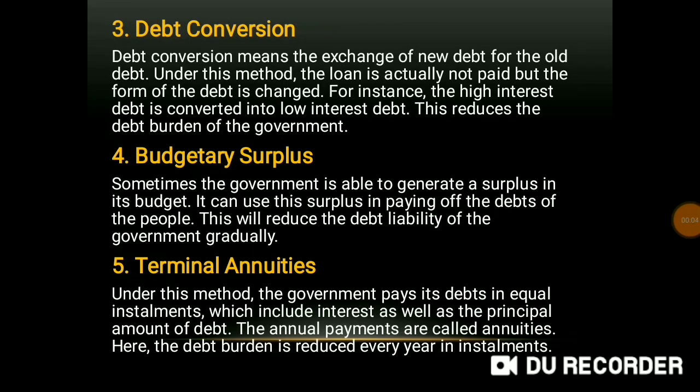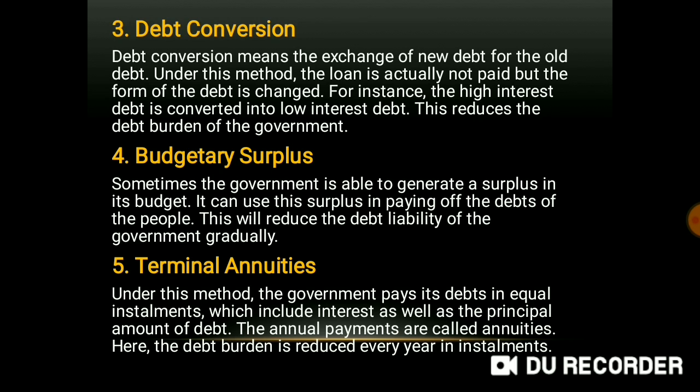The third method is the debt conversion. Debt conversion means converting the old loan into a new one. Under this method, the government does not pay the old loan, but here only the form of the old loan is changed into a new one. For example, a high interest loan will be converted into a low interest loan.